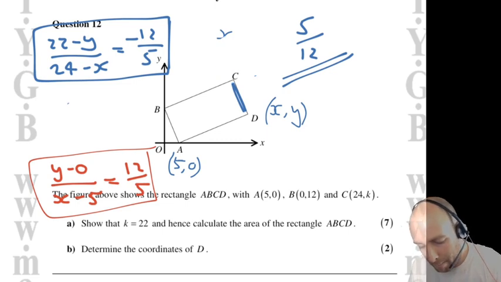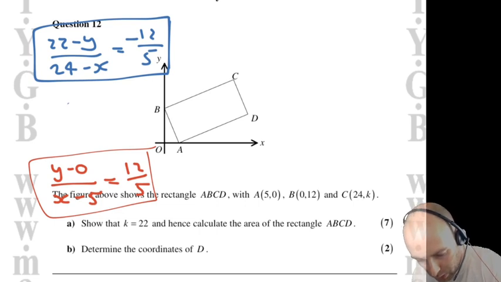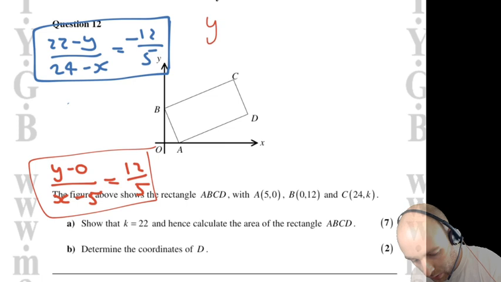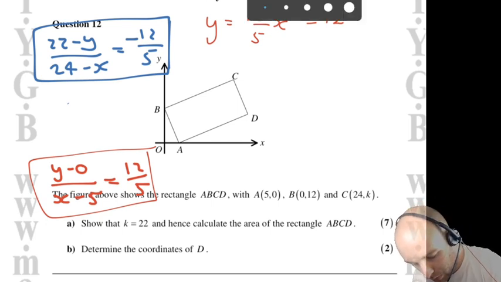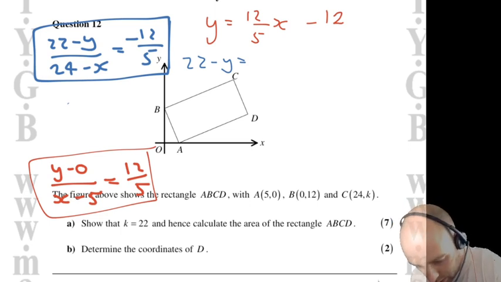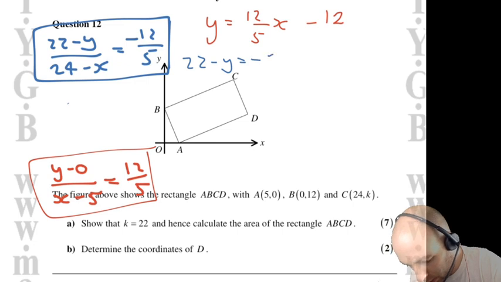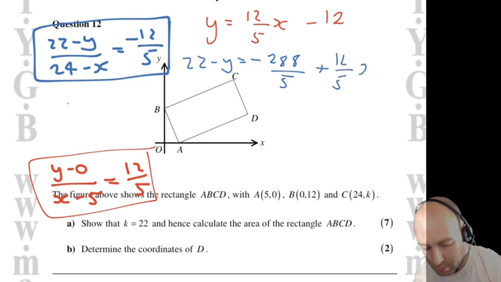So what should we do? This one will give us y, so we get y equals 12 over 5x minus 12. We could put that into the other one, so the other one's going to turn into 22 take y is minus 288 over 5 plus 12 over 5x.